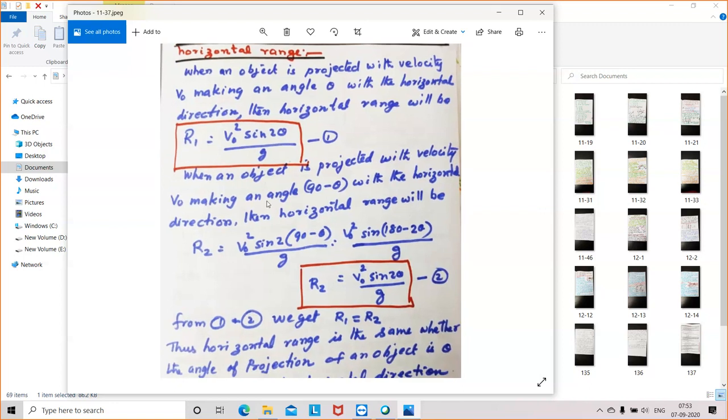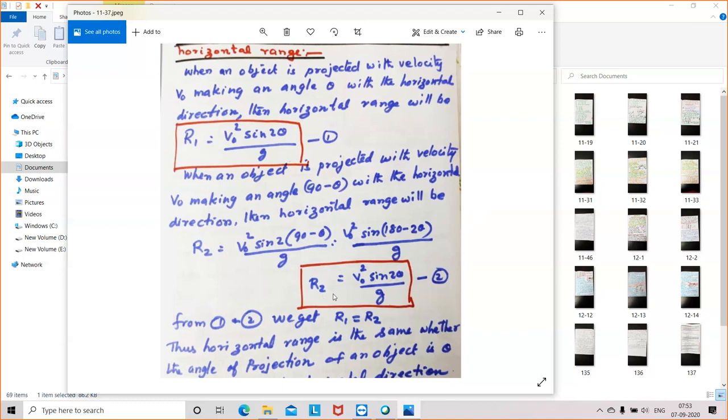When the object is projected with a velocity v0, making an angle 90 minus theta with the horizontal direction, then the horizontal range will be v0 square sine 2 into (90 minus theta), which is v0 square sine (180 minus 2 theta) by g.